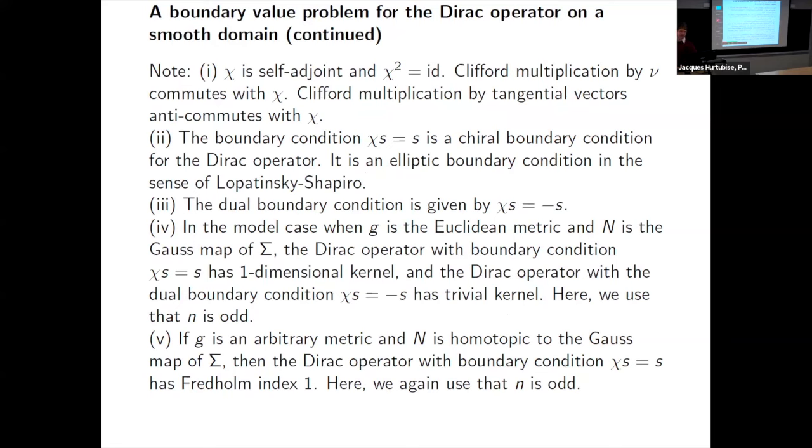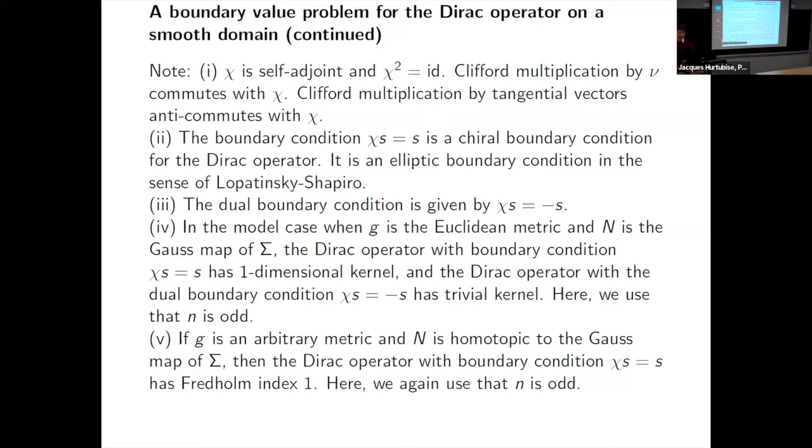That implies that it gives you an elliptic boundary condition, and this is called a chiral boundary condition. For Dirac operators, you can prescribe different boundary conditions. Some are non-local, like the Atiyah-Patodi-Singer boundary condition. This one here is a local boundary condition.